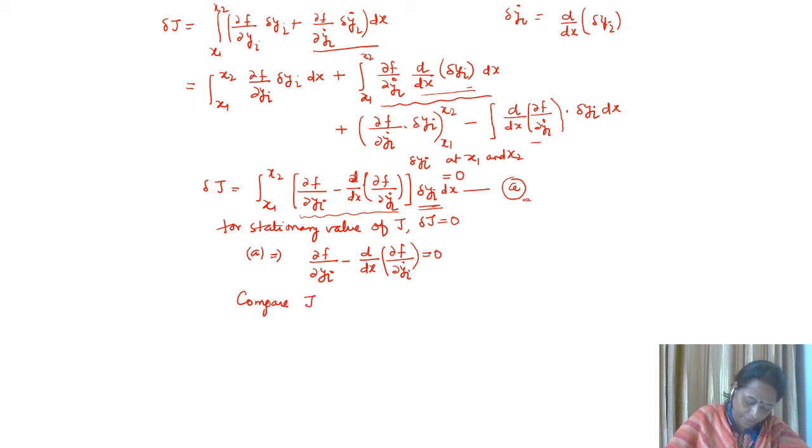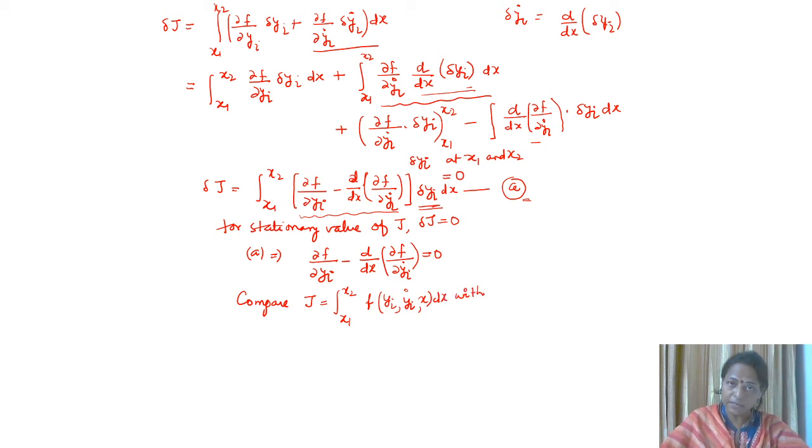Compare J, which is the integral from x1 to x2 of a function of yi, yi dot and x dx, with Hamilton's line integral.